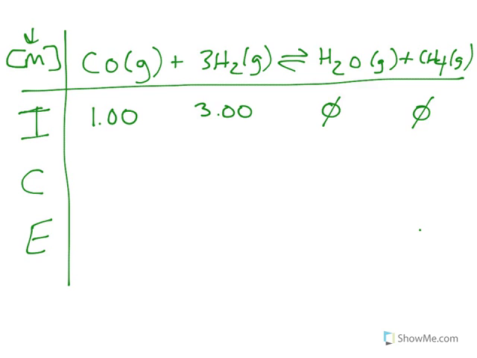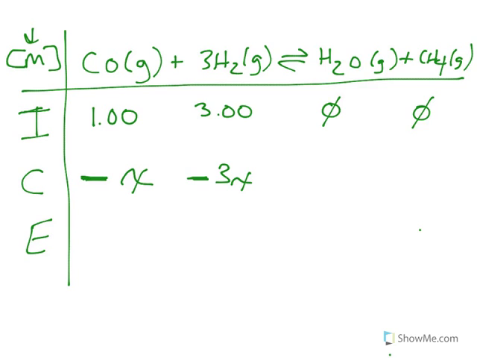If this is a reactant, it's going to get consumed, so I'm going to put a minus sign. It's going to get consumed by a factor of X, whereas this one gets consumed by a factor of 3X. Now, what is X? That essentially is the factor by which they're going to change based on stoichiometry.